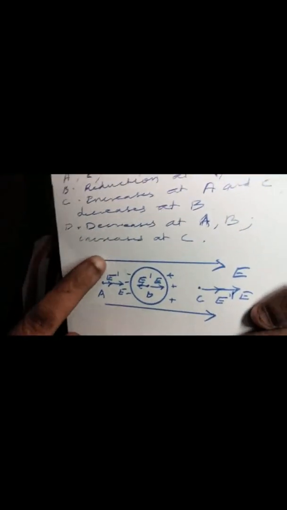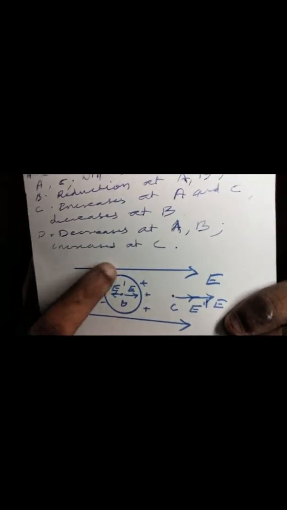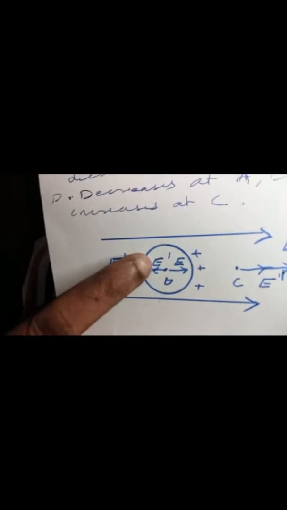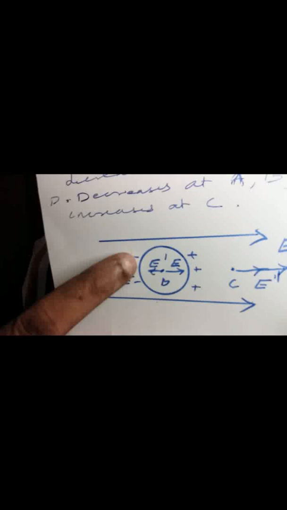The field is shown to be directed in this sense. That means the positive charge of the field creating system will be somewhere here, and the negative charge of the field creating system will be somewhere here. So by polarization, negative charges will appear here and positive charge will appear here.